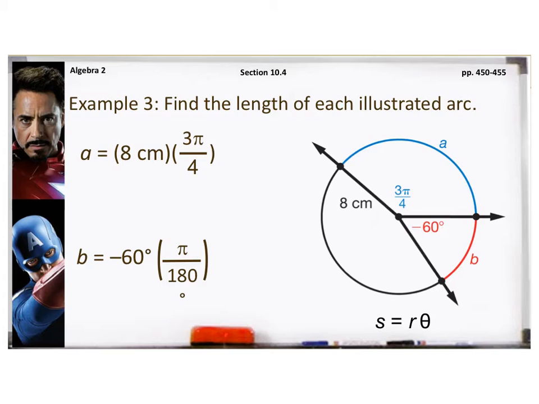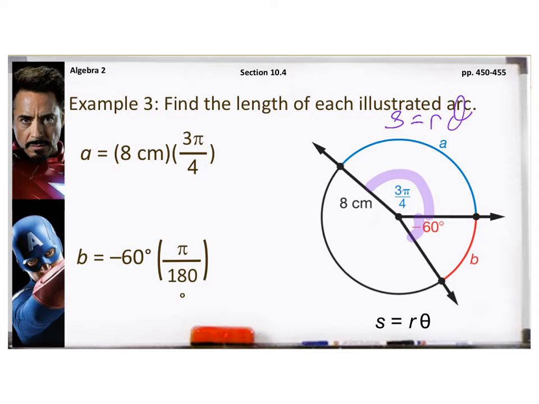All right, we know that this angle is 60 degrees, and this angle is 3 pi over 4. So for A, remember, arc length S is equal to r theta.